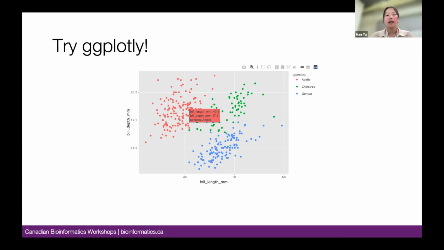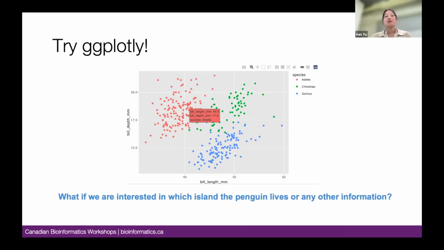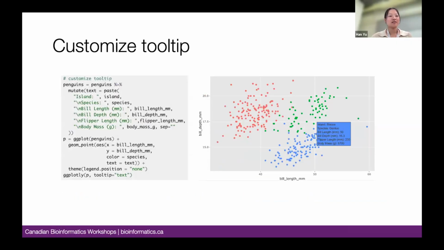But right now we can only see which species each penguin belongs to. What if we are interested in which island it's from? So let's take this one step further. By default, ggplotly gives us some basic hover functionality, but we can customize the tooltips to show more useful details.